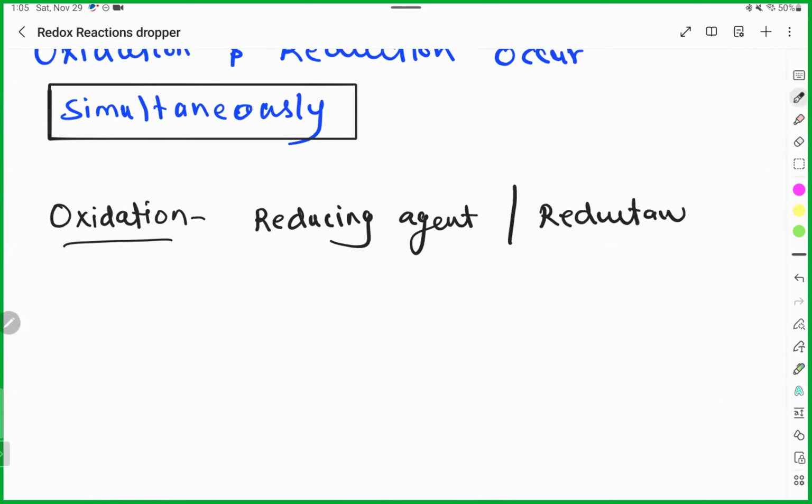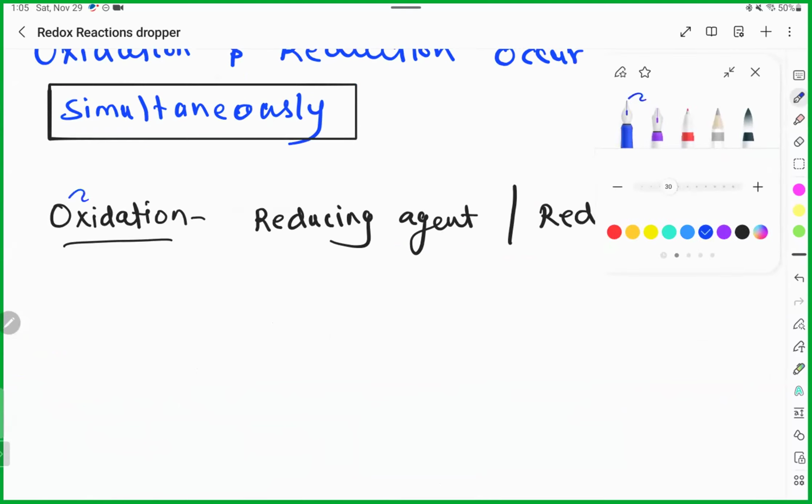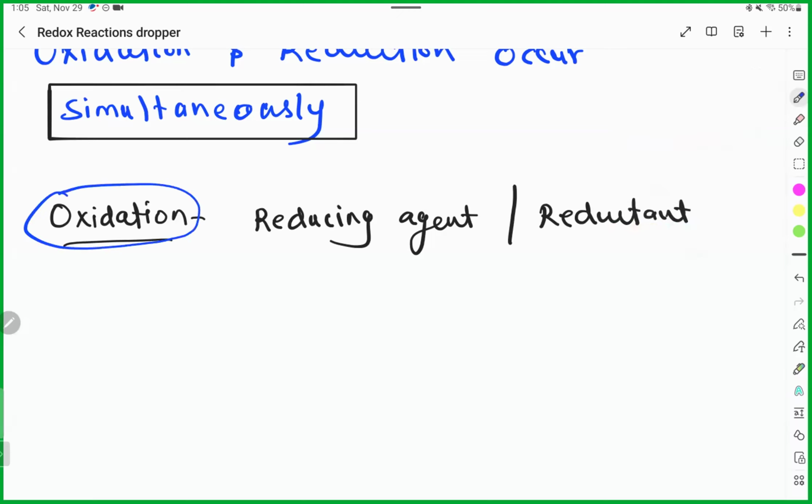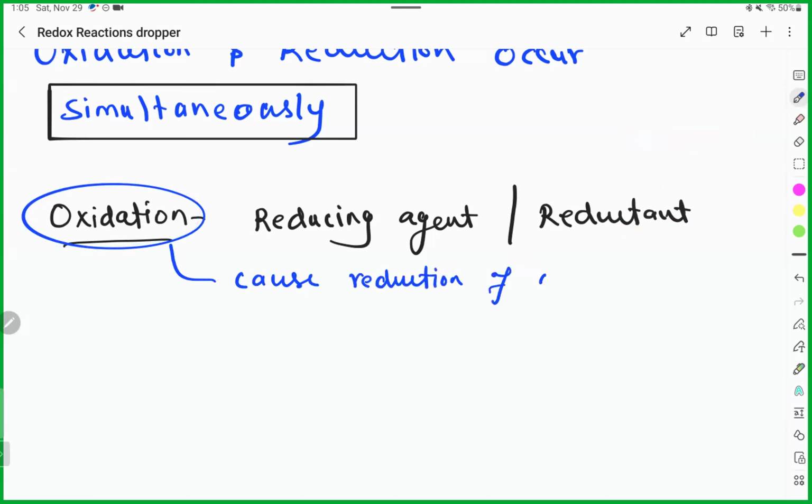Any element that undergoes oxidation itself will cause reduction of another molecule.